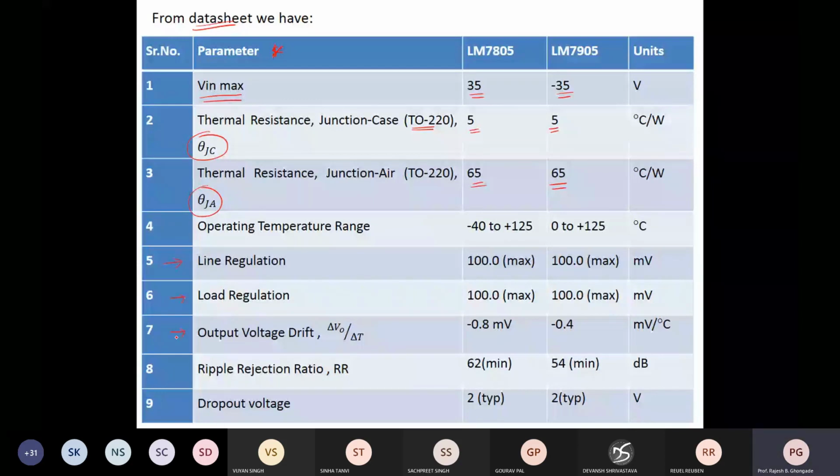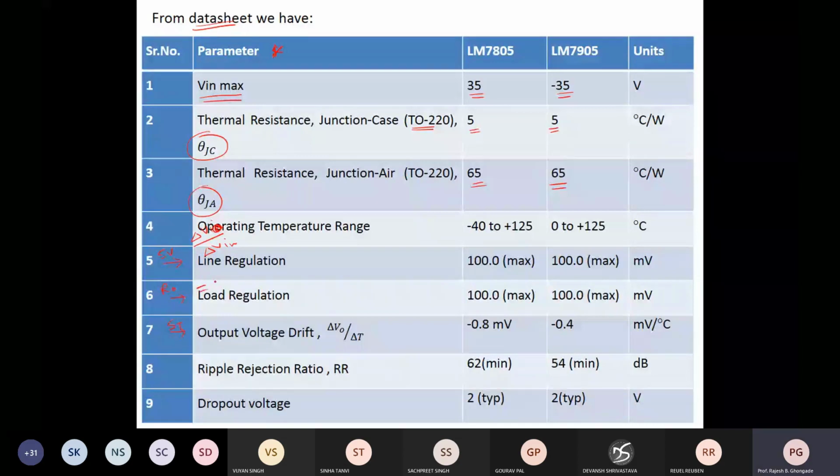We have already seen these three things as what? This is ST, this is SV, and this is RO sort of thing. Of course, directly you do not get those values. You get it in terms of changes in the output voltage. So our SV was delta VO by delta V in.